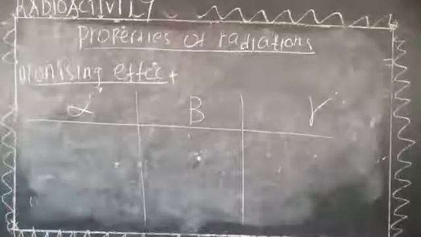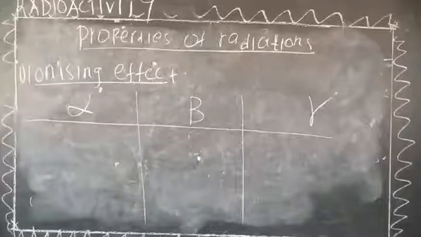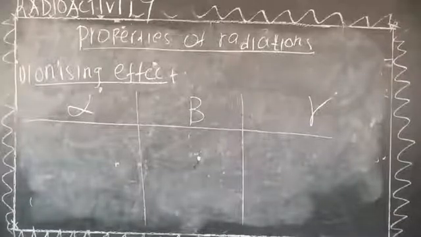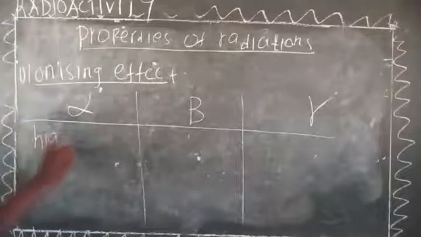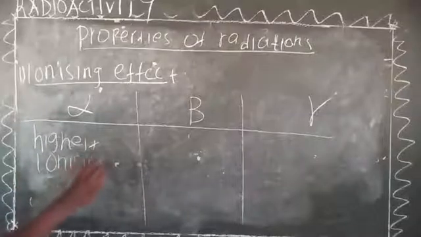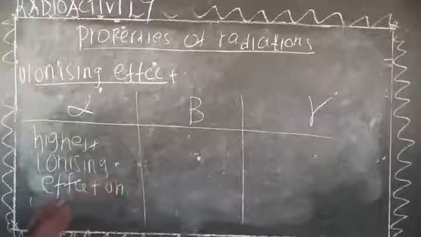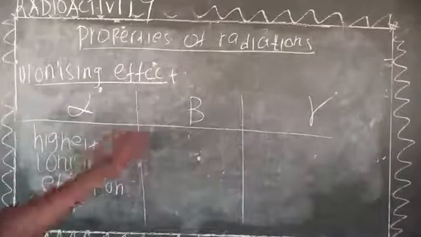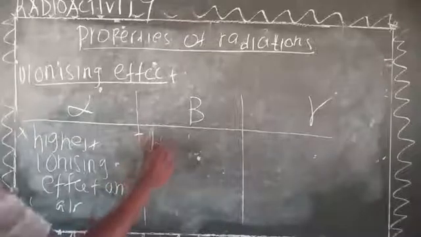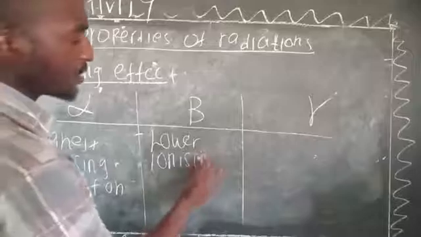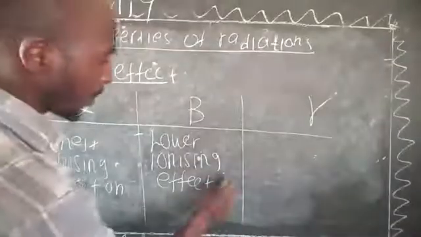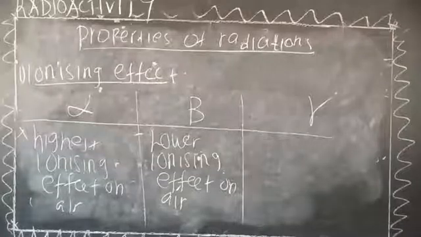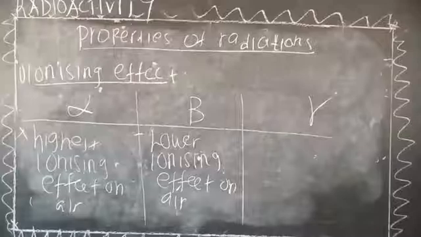We said that the alpha particles are the heaviest among the three, and therefore alpha particles move very slow in air, and therefore they have the highest ionizing effect on air due to their slow movement, while the beta particles have comparatively lower ionizing effect on air, and this is because they move comparatively faster compared to the alpha radiations.